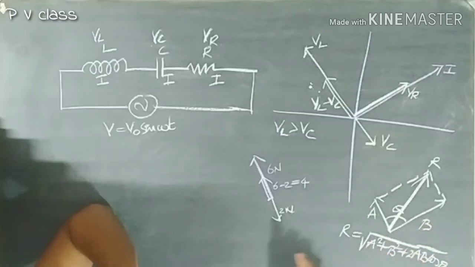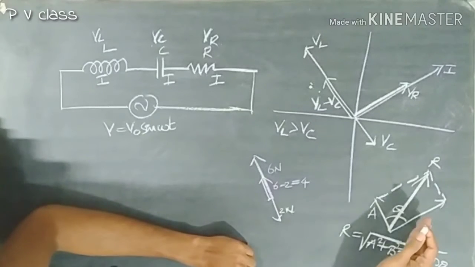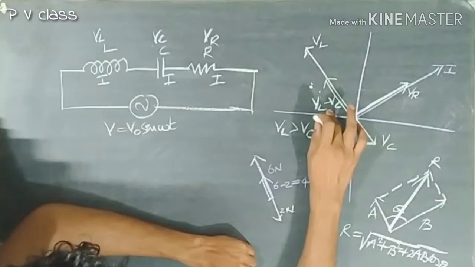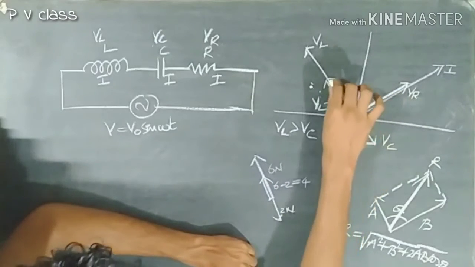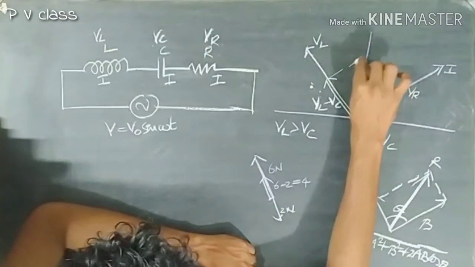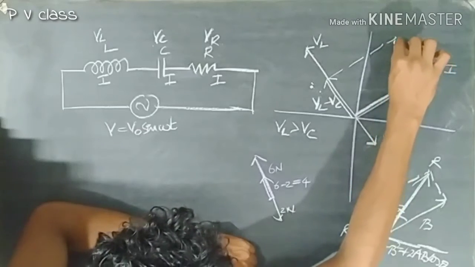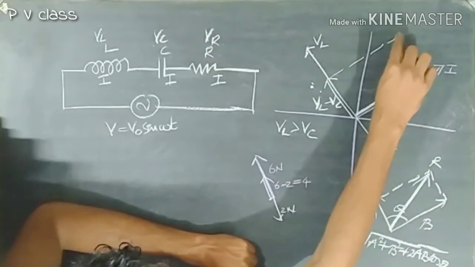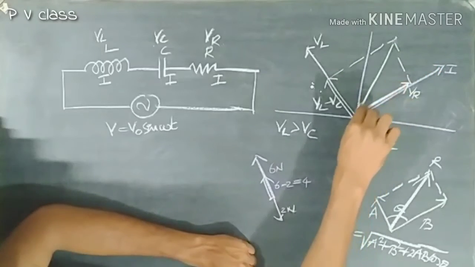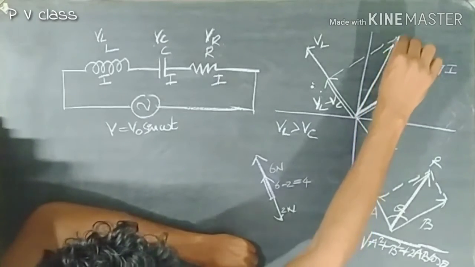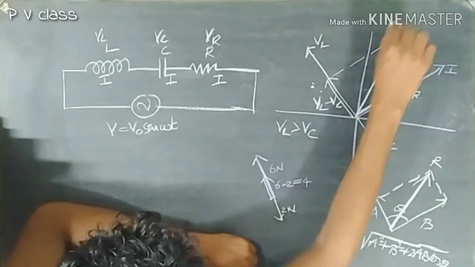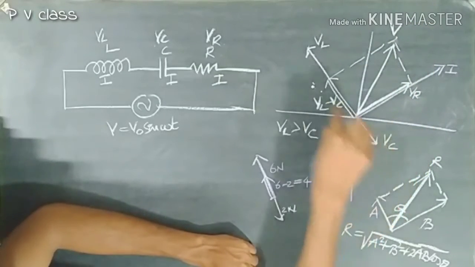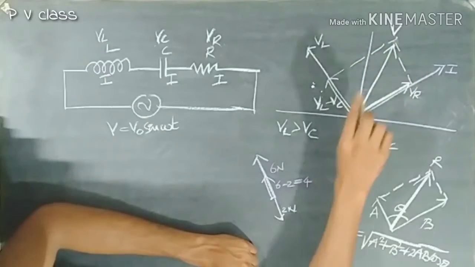This is from our previous session, and if we are using this logic over here, VL minus VC and VR, the vector sum will be, we will have to construct a parallelogram like this, and the vector sum will be in this direction, and this is the resulting voltage. The vector sum of VR, VC and VL will be in this direction, V.